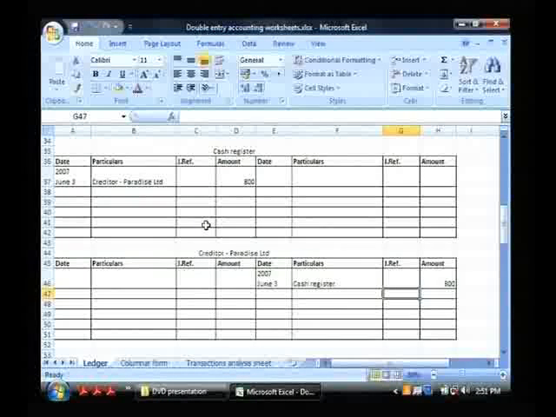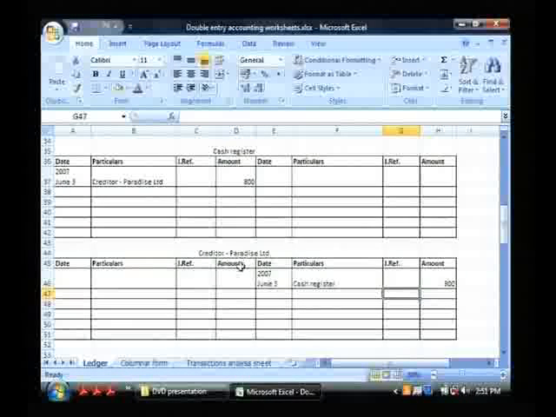4th June, look at the transaction analysis chart. The accounts involved are motor vehicle, cash at bank, and creditor Hagen Motors, 3 accounts.